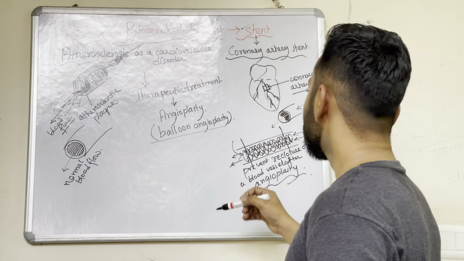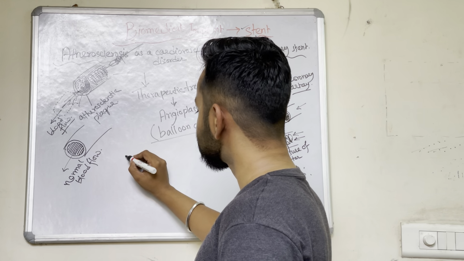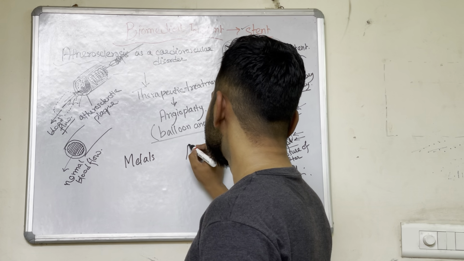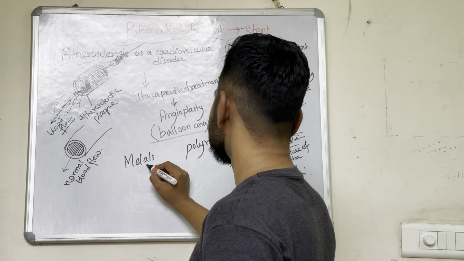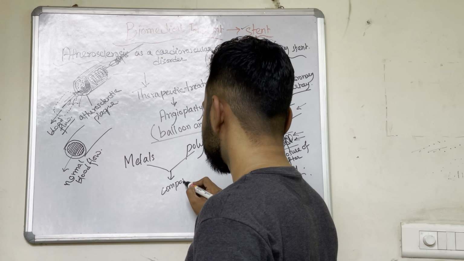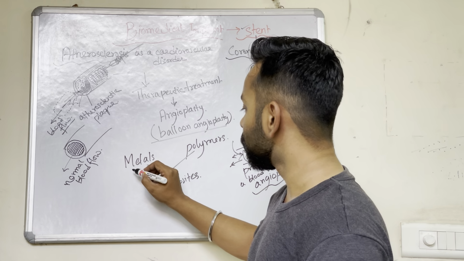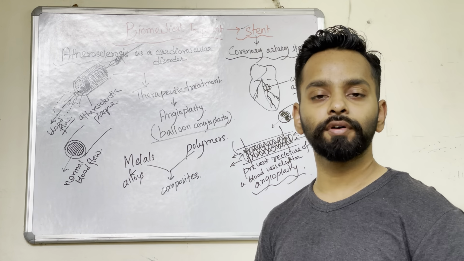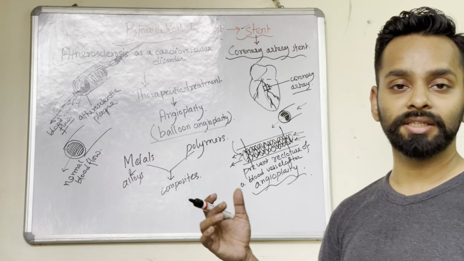So now, what is it made of? It can be made of materials such as metals, polymers, and composites. Different metals and alloys have been used for the fabrication of these arterial stents.